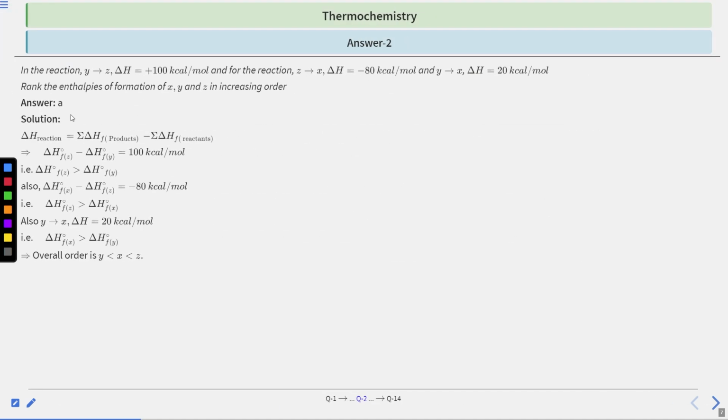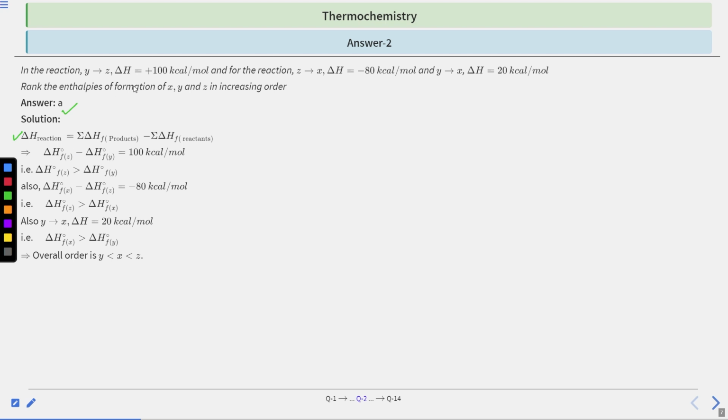Okay, so the correct answer will be option A. We know that the enthalpy change of a reaction is equal to the summation of the enthalpy of formation of the products minus the summation of the enthalpy of formation of the reactants.